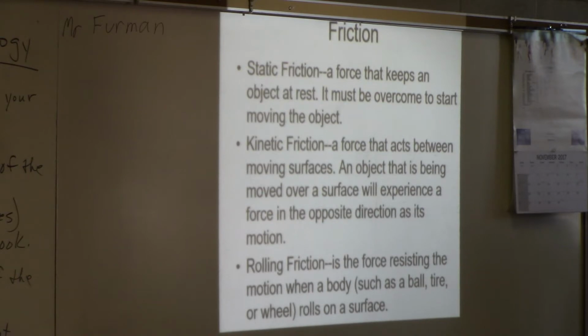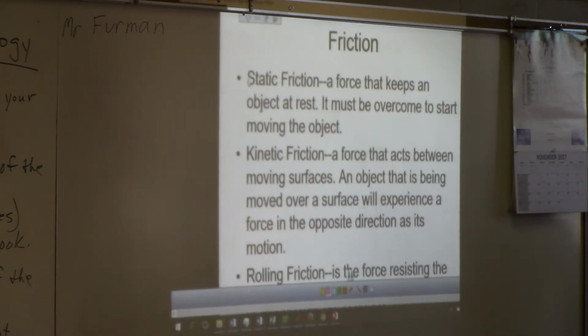Friction: you've got two types, static friction and kinetic. Static friction is a less than or equal to relationship. Say I've got the stapler on the desk. It's not moving. Right now, there's no frictional force. Gravity is pulling down, and there's a normal force in the upward direction.